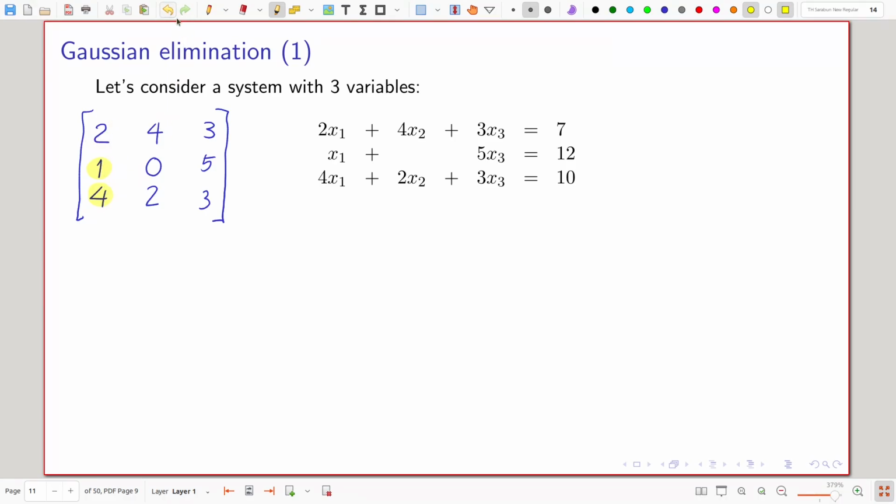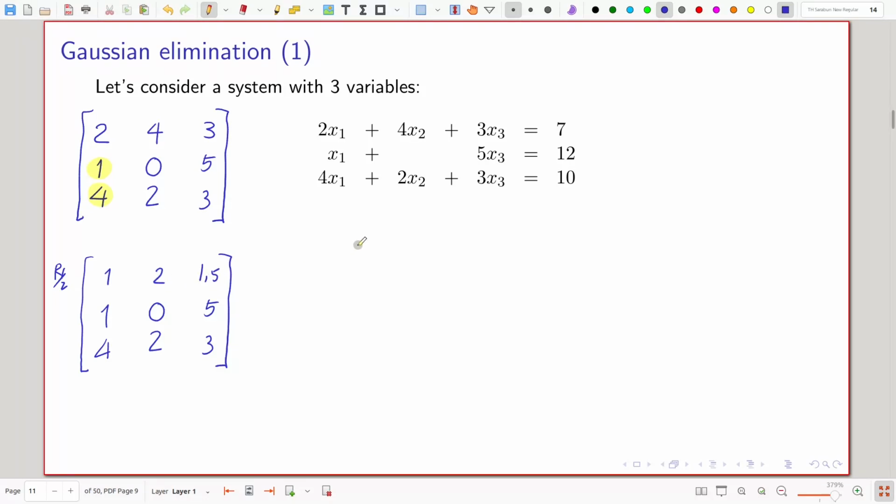It'll be much easier if we have 1 here, because it's easy to deal with 1. So what I did was just this. I divide this row by 2, right? So I get 1, 2, and 1.5.